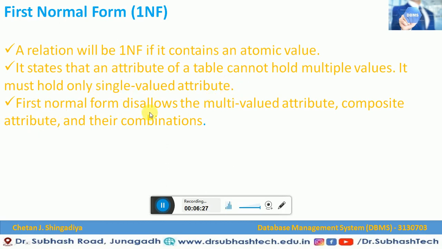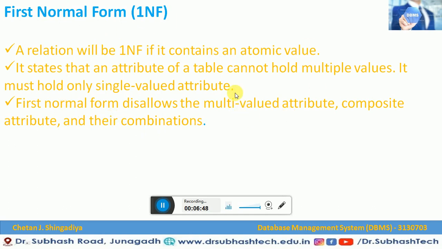The first normal form disallows multi-valued attributes and composite attributes and their combinations. This is an important thing while understanding the first normal form. So this is a simple understanding of first normal form.